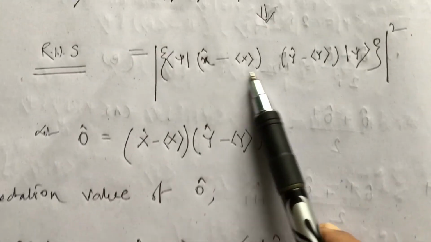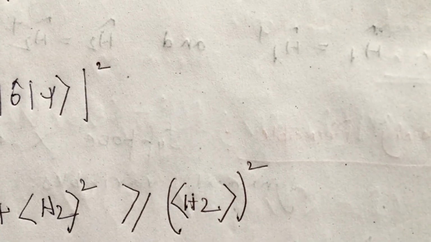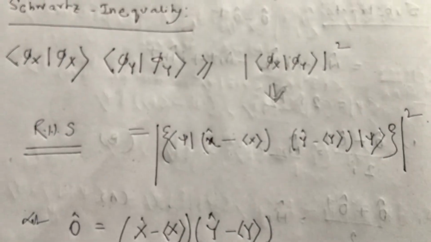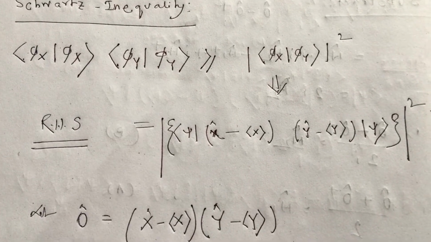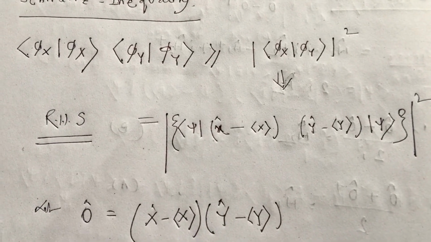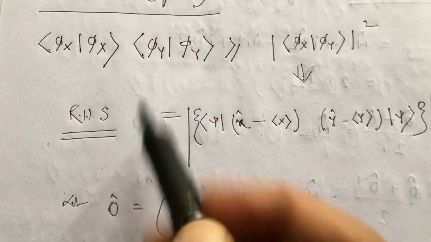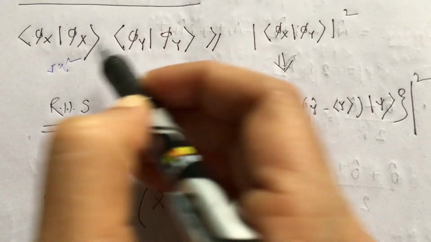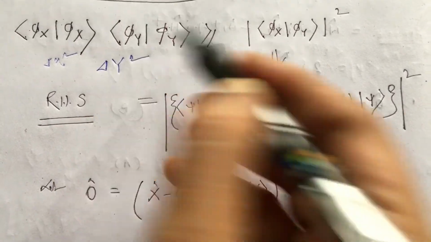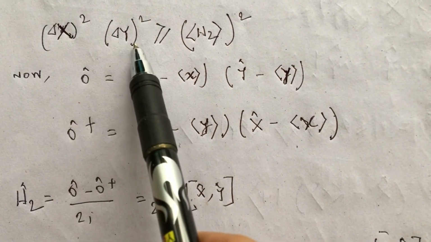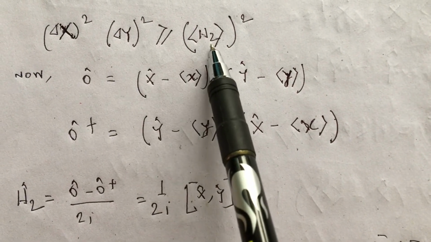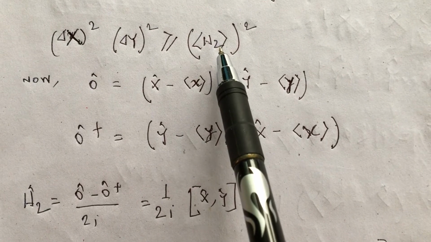So right hand side of this equation is greater than expectation of h2 square. So if right hand side is greater than expectation of h2 square, then this left hand side is obviously greater or equal to h2 expectation square, and this is nothing but del x square and this is del y square. So I can write in the left hand side that del x square into del y square is greater or equal to this expectation of h2 square.